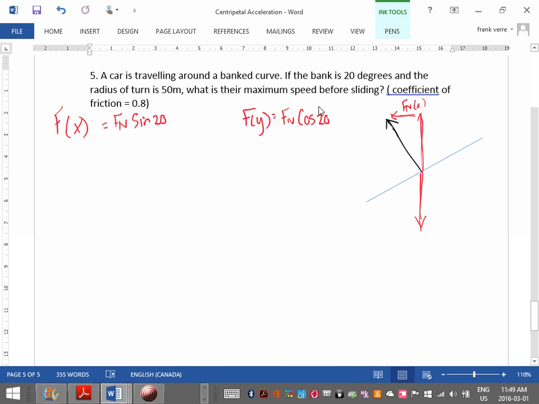Okay. Now, and we also had, along the y, the weight of the object, which we know was mg, right? Okay. So these are the forces along the y.